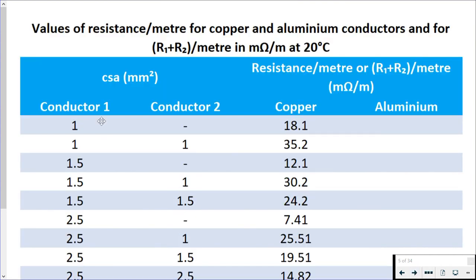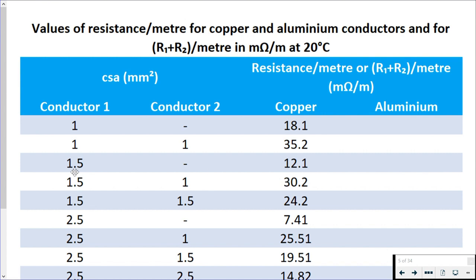Looking a bit closer, you'll see we have a 1.5 millimeter squared conductor that has a 12.1 milliohm per meter value. A 1.5 millimeter squared conductor with a 1 millimeter squared conductor, as for example in an R1 plus R2 calculation, has a 30.2 milliohms per meter value.